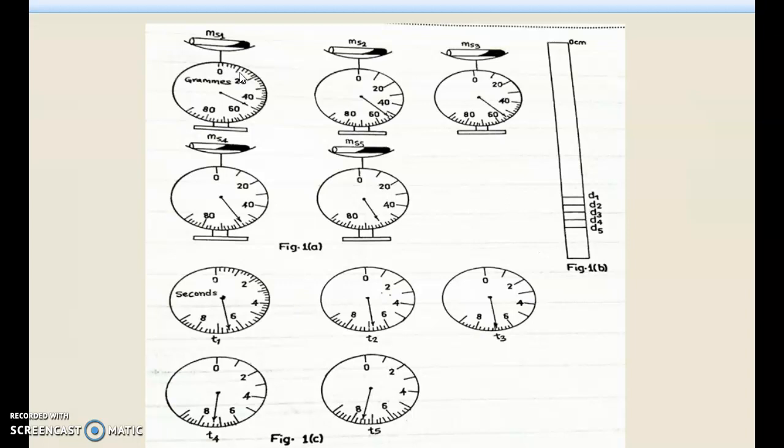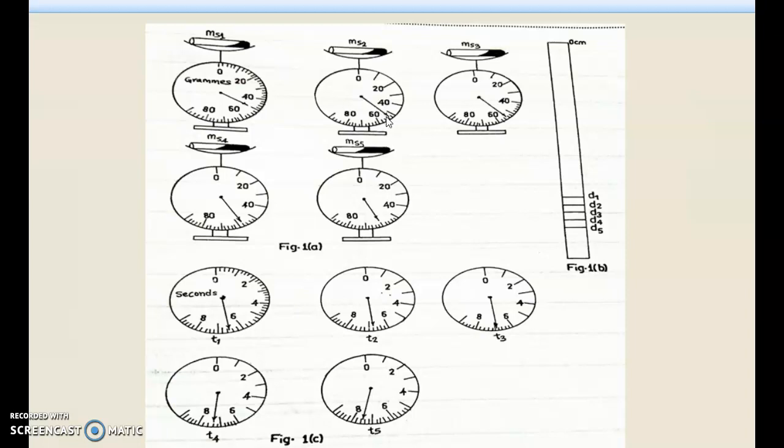So 10 divided by 5, that is 2. That means each dot represents 2 grams, right? So if you look at the M1 carefully, you will see that the pointer is on the line between 40 and 60, and that's 50. So my first value is 50.0 grams. Make sure, like I said, you must put a decimal point, even if it's a whole number.